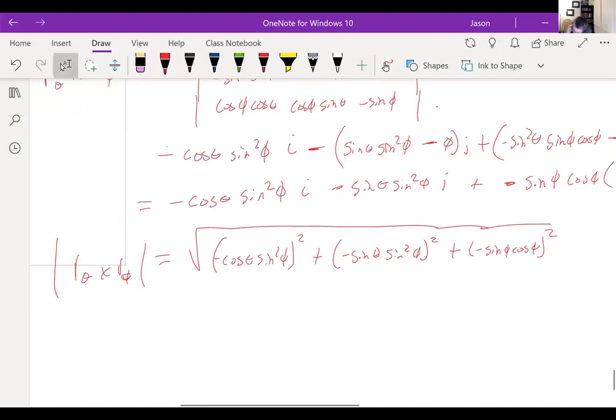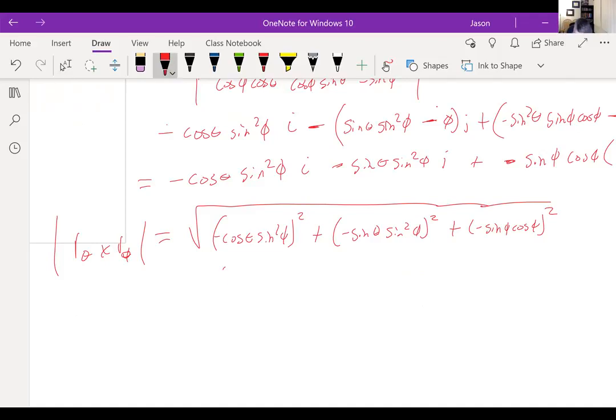So this becomes cosine squared theta sine to the 4th phi plus sine squared theta sine to the 4th phi plus sine squared phi cosine squared phi.